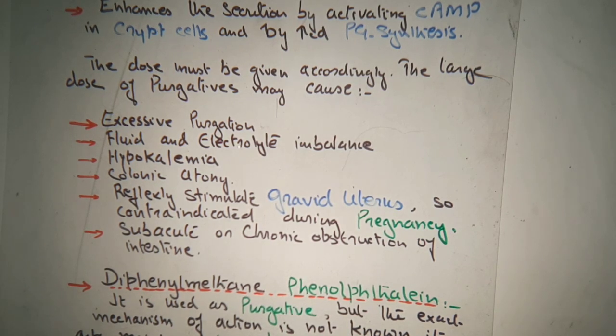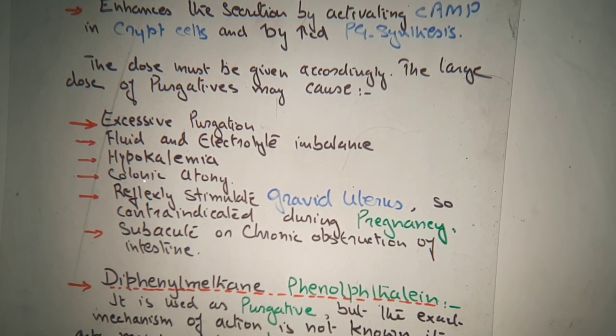Whenever there is excessive purgation, it means there is an increase in stool formation, and there may be fluid and electrolyte imbalance, because there is imbalance between the electrolytes and the fluid by the action of the enzyme sodium potassium ATPase, hypokalemia, colonic atony, that is, atony means decreased power of the muscles of the colon.